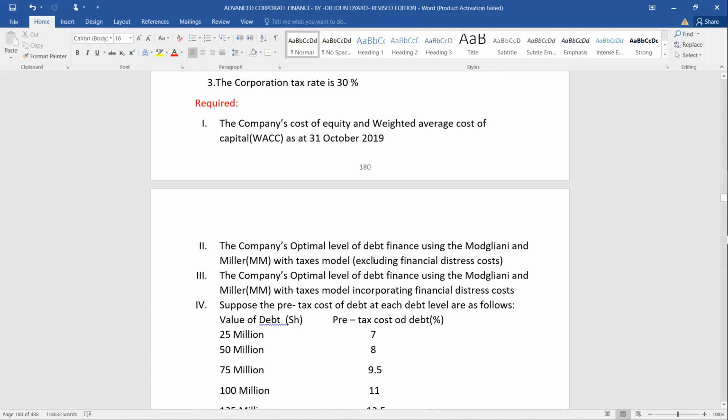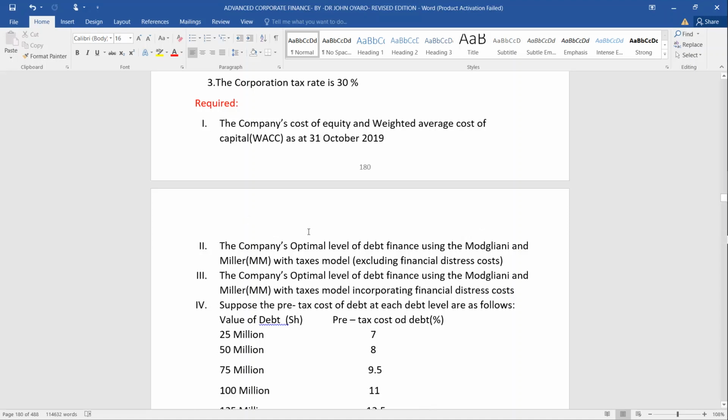And we are asked to exclude financial distress costs. Then it goes without saying that we shall use MM2 with corporation tax model.